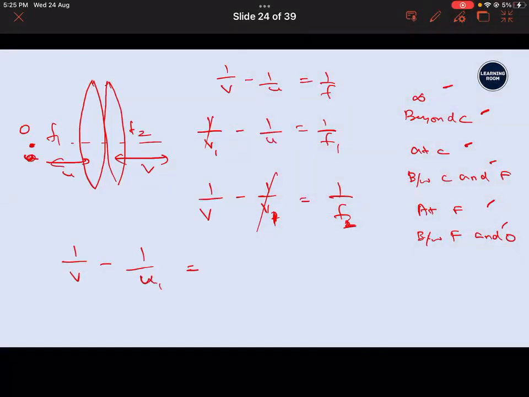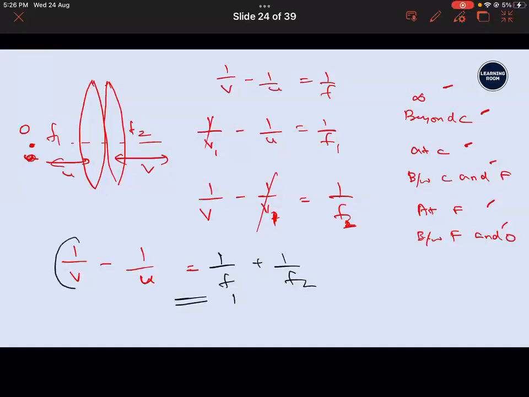So 1 by v minus 1 by u is 1 by f1 plus 1 by f2. See, v is the final image formed due to the system. U is the object distance with respect to the same system. So 1 by v minus 1 by u is 1 by f1 plus 1 by f2.